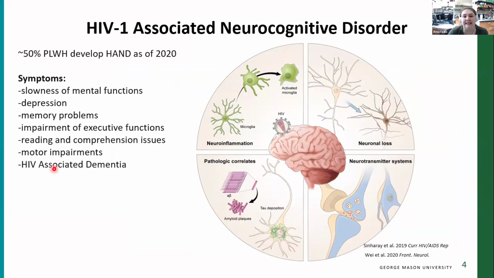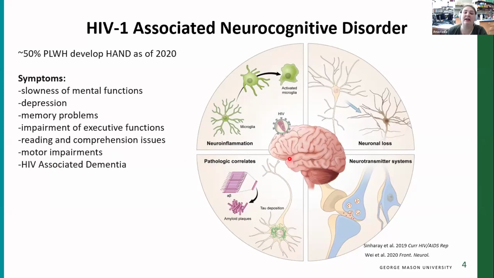However, even with this asymptomatic form of HAND, it still impacts the lives of those living with it, reducing memory, contributing to depression, and causing impairment of executive function. So the people living with HIV are becoming a larger, older group now with CART extending life, and this is going to continue to be a problem that needs to be addressed.